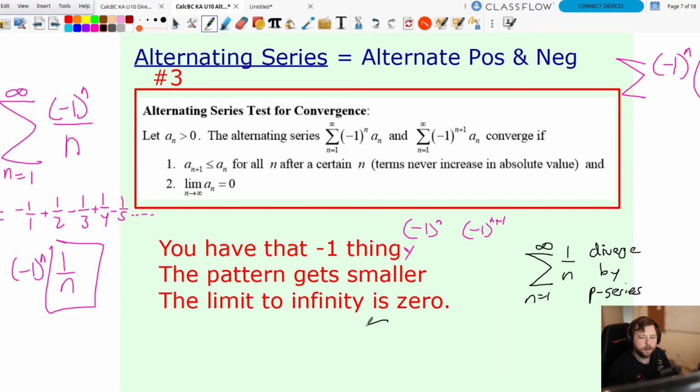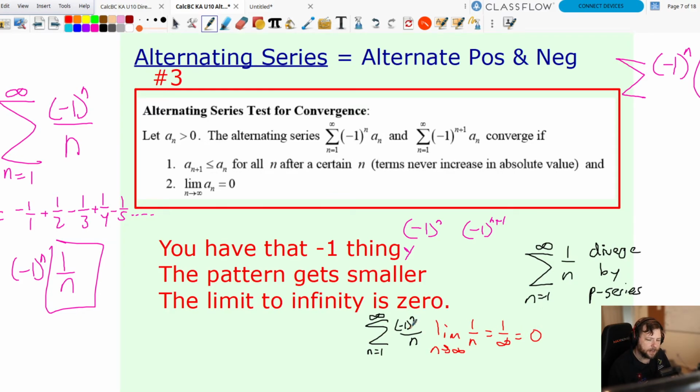But what if we had this one, with the negative 1 to the n over n? For this series, we have the negative 1 factor, and then we look at that pattern. What's the limit as n goes to infinity of 1 over n? 1 over infinity, which is 0.